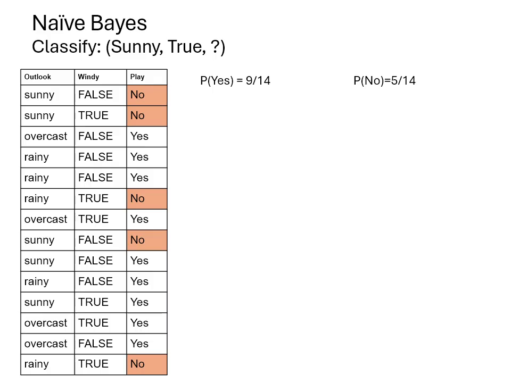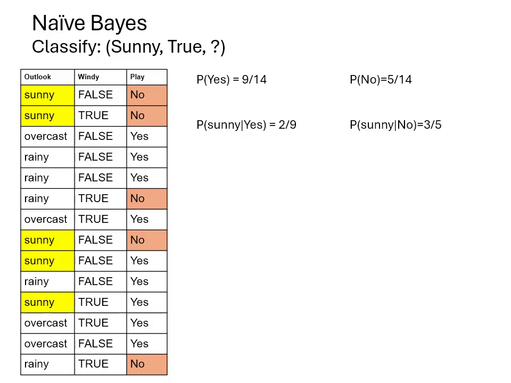There are 9 out of 14 yes and 5 out of 14 no. Then, within each class, we counted how many times it was sunny. How many times it was sunny within the class yes. Out of all 9 yeses, the sunny was only in 2 cases. So the probability of sunny given yes is 2 out of 9.